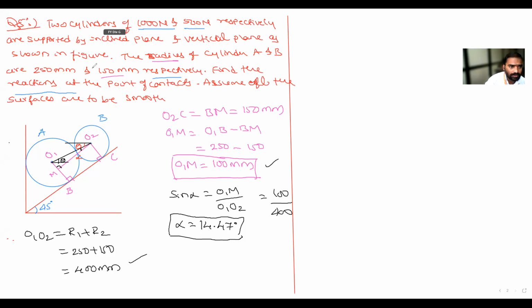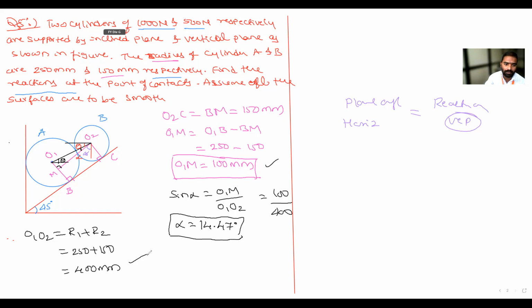To find theta, take this vertical. What is the angle made by the vertical? It will be 45. We wrote earlier: plane angle with horizontal is equal to reaction angle with vertical plane. So the reaction with vertical is 45.